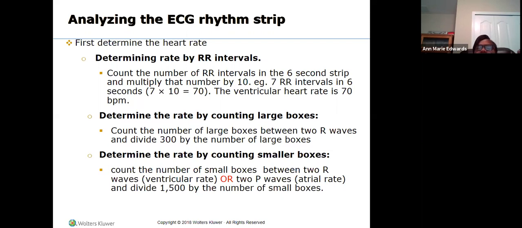Another method: divide 300 by the number of large boxes. So that's how you do your ECG. We're going to be setting up some practice for you in your different classes to practice doing the heart rate.